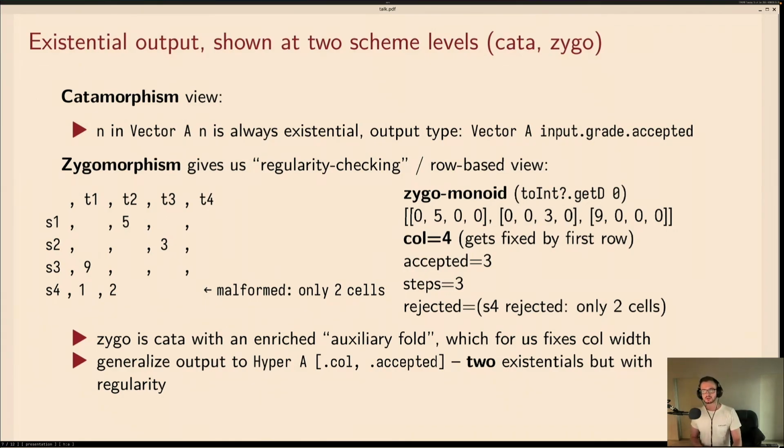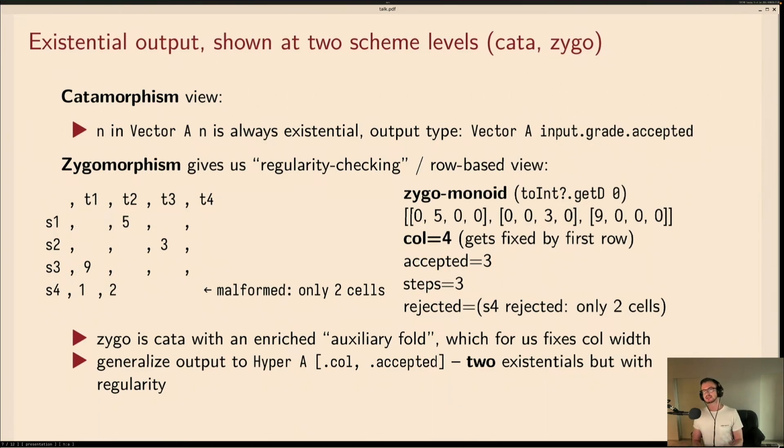But then there's this weird middle ground, which is a paramorphism, and that's only about how you run the fold in itself. It turns out that it's regularity checking. This is an extension of catamorphism with an auxiliary fold operation, which essentially peeks at the first row and looks at the structure of the first set of data that it sees.